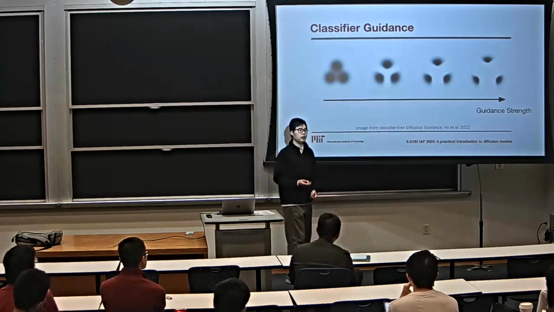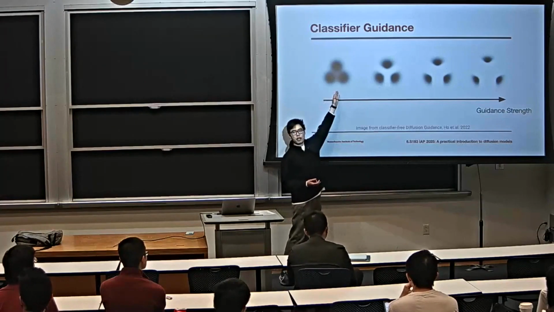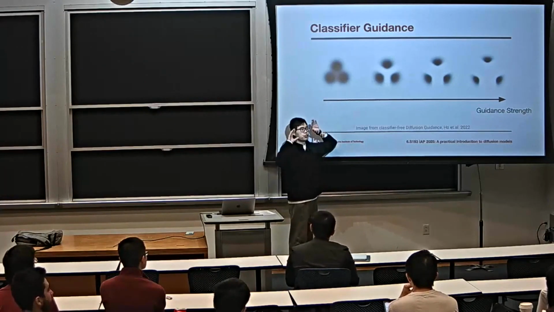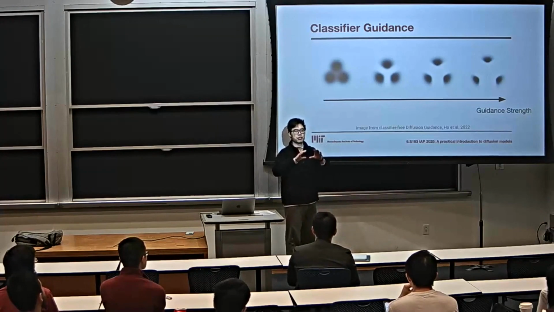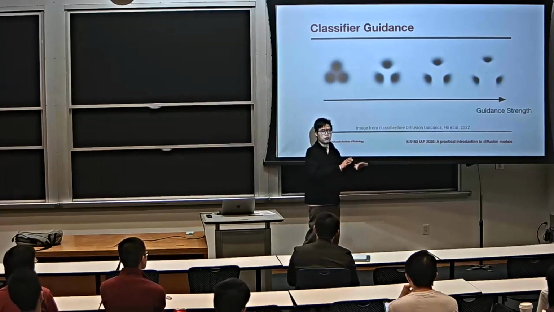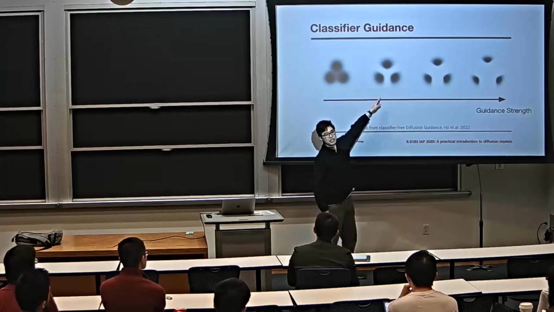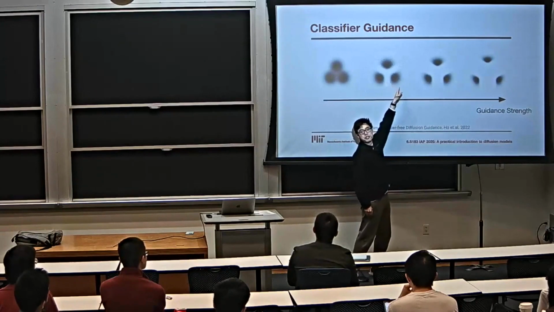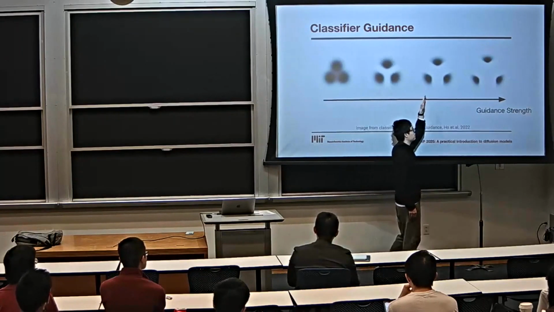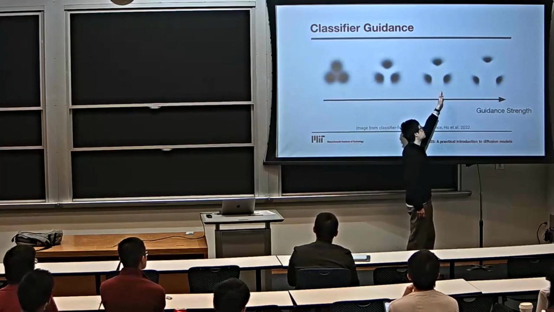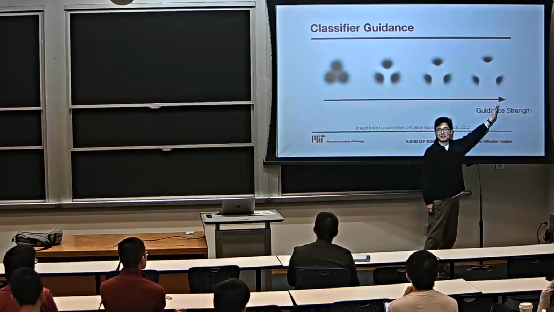That is, we modify the original unconditional distribution by pushing each cluster towards its own center, and then you bias the distribution like this, leaving more space in the middle. And as you add more guidance, it will go further and further.